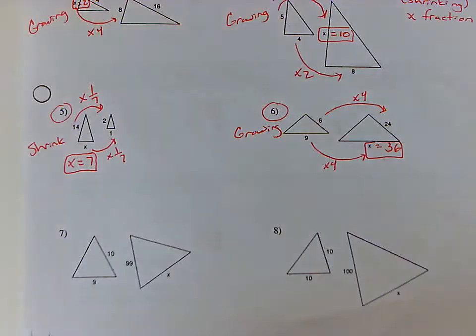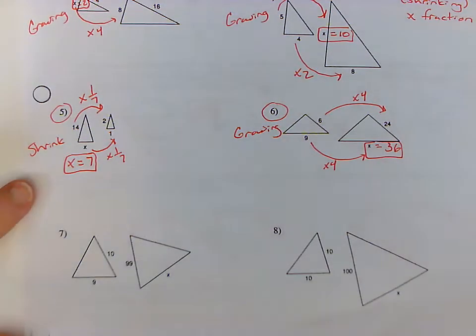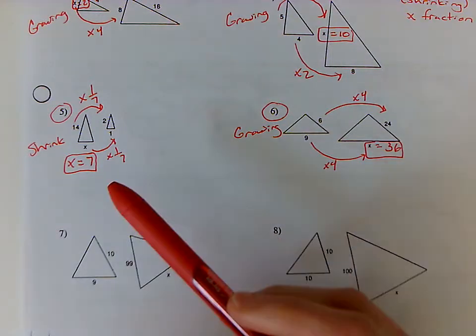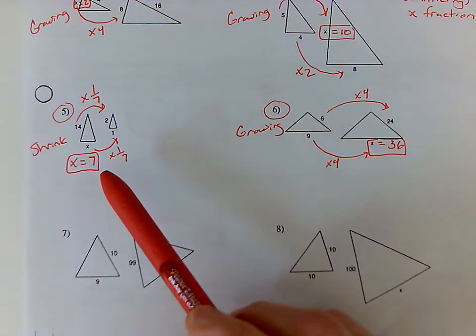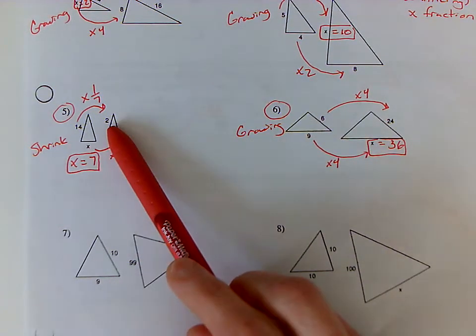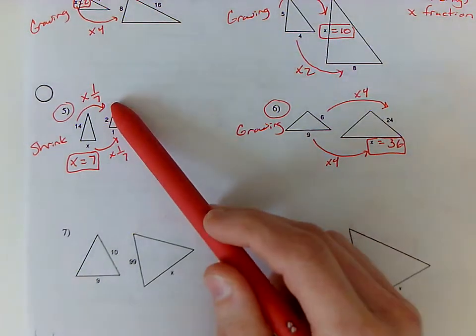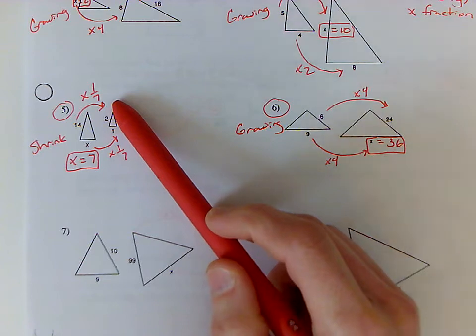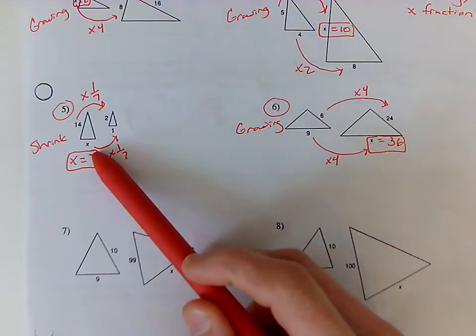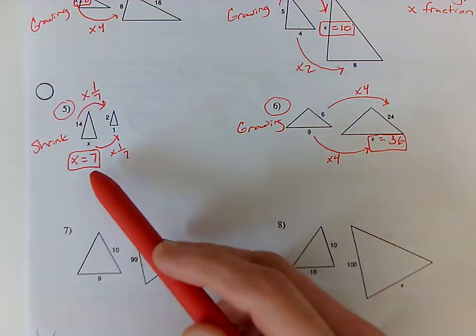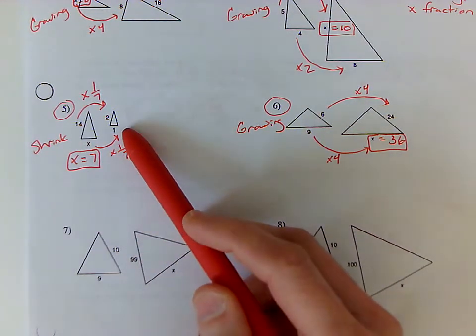All right, we're going back to 5 and 6. Number 5, you should see that these are shrinking, or it's shrinking in size. So from 14 to 2, that's dividing by 7, which is the same thing as multiplying by 1/7. And so that means here, where you're finding x, you're going from x to 1.